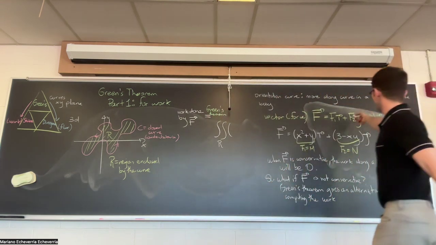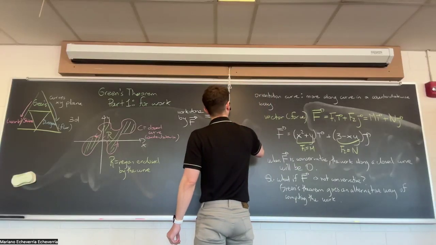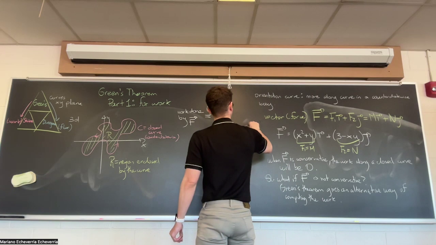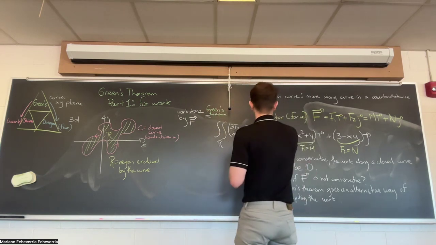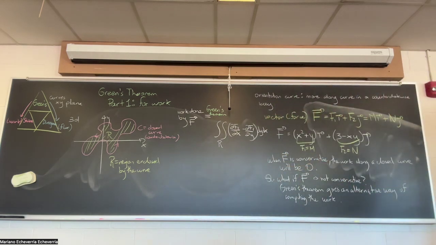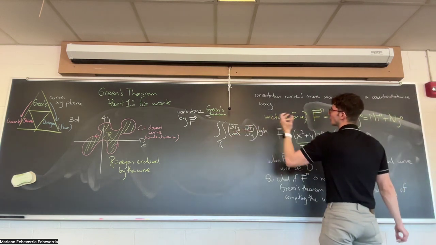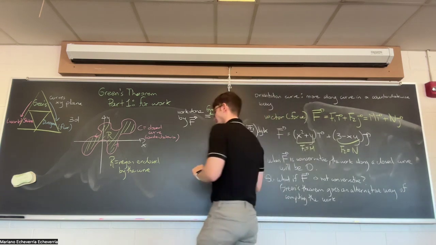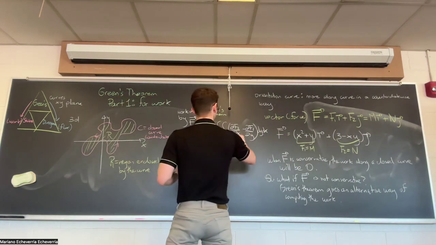You integrate an odd combination of these partial derivatives, but essentially what you're integrating here is actually the third component of the curl of the vector. So I'll put it here.